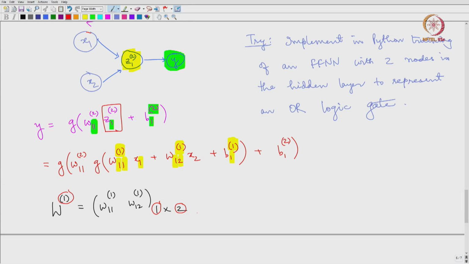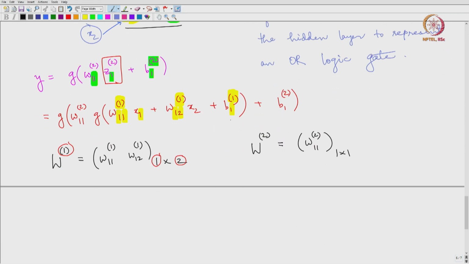And similarly you can write that the weight matrix corresponding to the second layer is simply a scalar, because there is one node in the next layer and one node in the current layer for the second layer. So this will be W112. Now, I am going to give you the solution, the numbers corresponding to these weights.